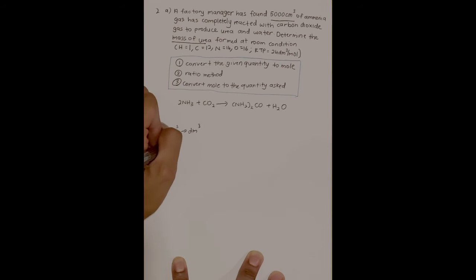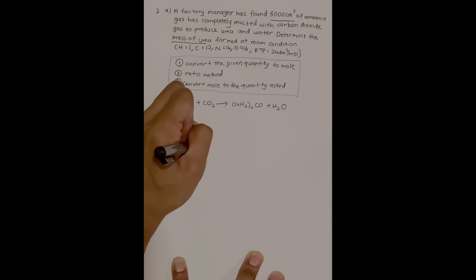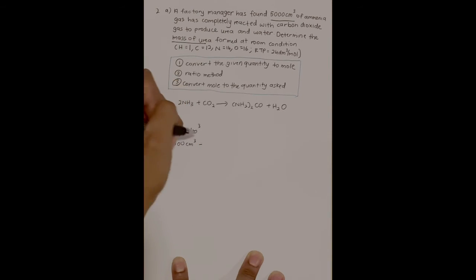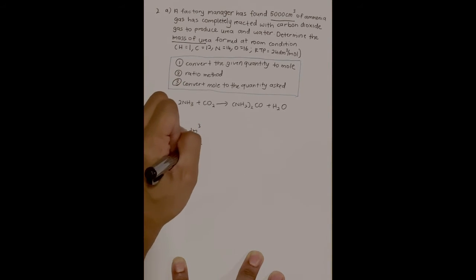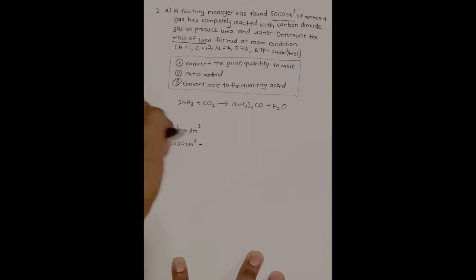Dividing by 1,000. 5,000 cm cube divided by 1,000, and you will get 5 dm cube.